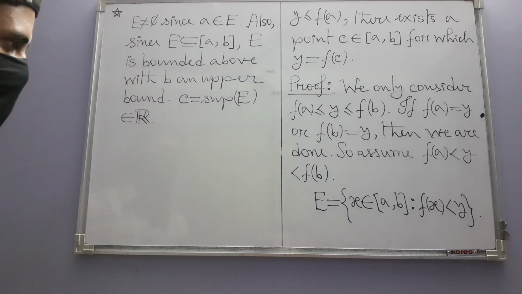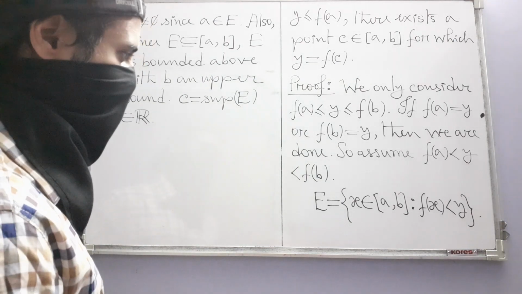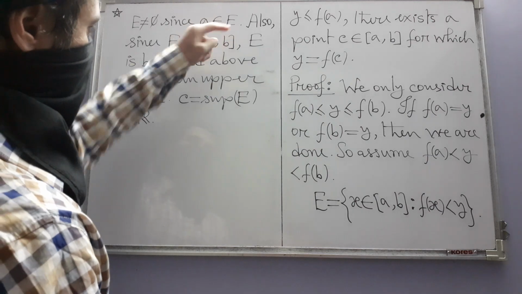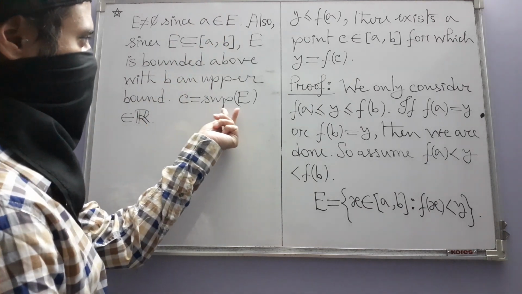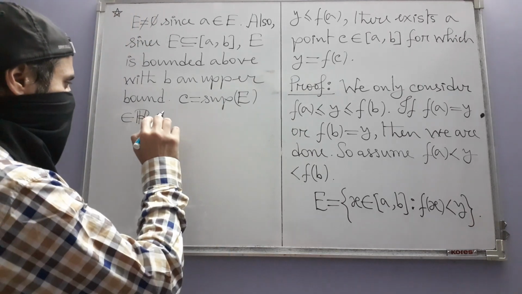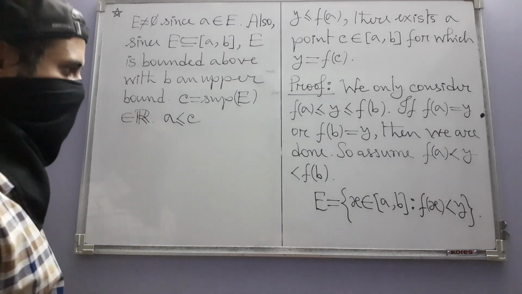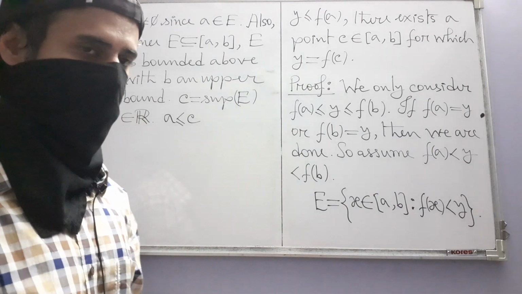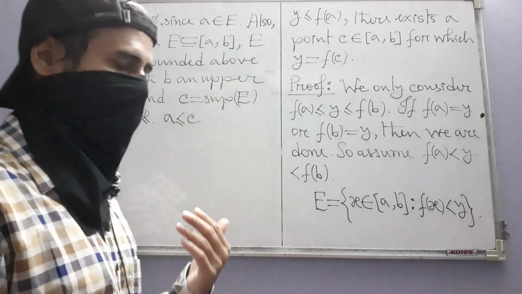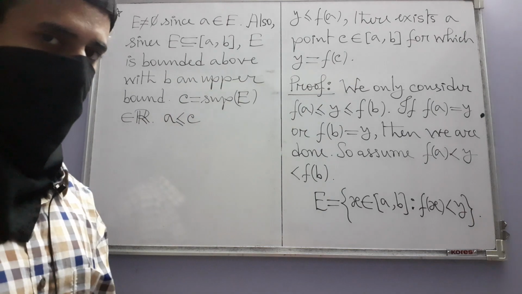Okay. Now what can we say about this c? You see, because a is in E and c being the supremum of E is also an upper bound for E, a would be less than or equal to c. Obviously, because every element of E has to be less than or equal to every upper bound. So in particular, a is less than or equal to c.